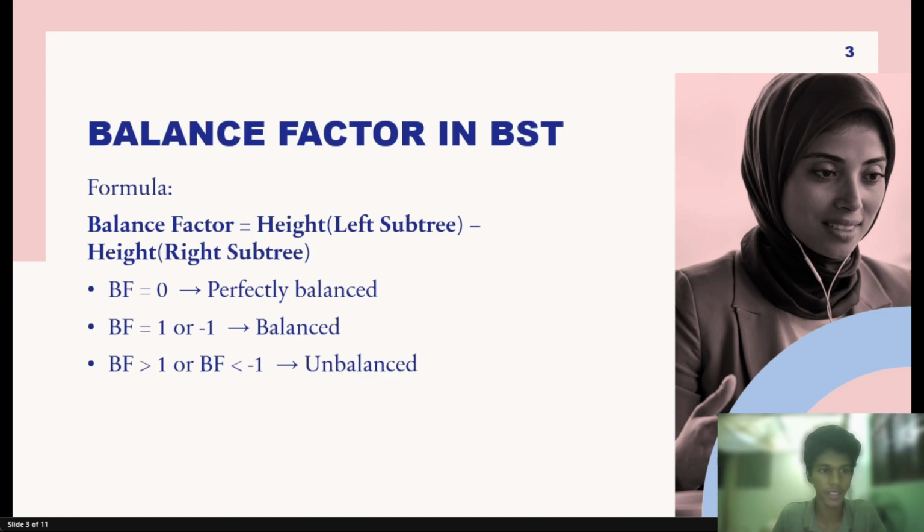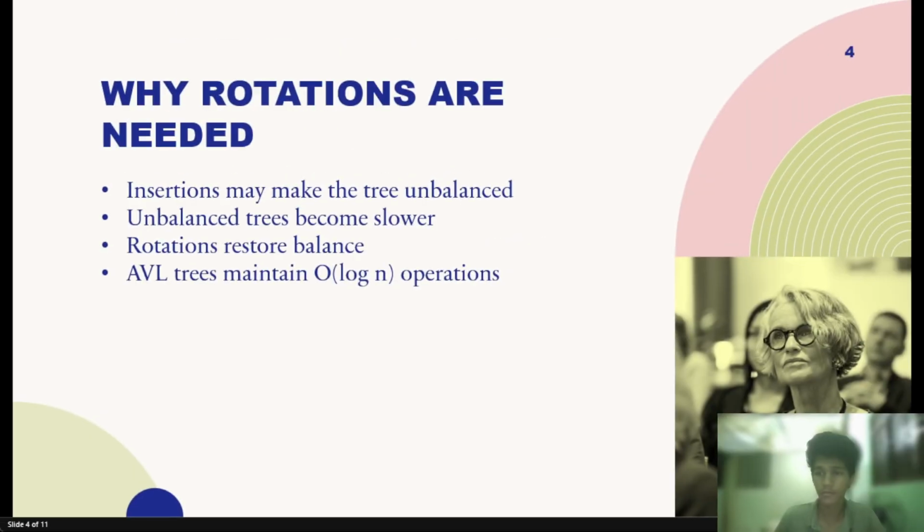If the balance factor is 1 or negative 1, the node is still balanced. If the balance factor is greater than 1 or less than negative 1, the node becomes unbalanced. For example, if the left subtree height is 3 and the right subtree height is 1, the balance factor equals 3 minus 1, which is 2. That means the node is unbalanced and requires rotation.